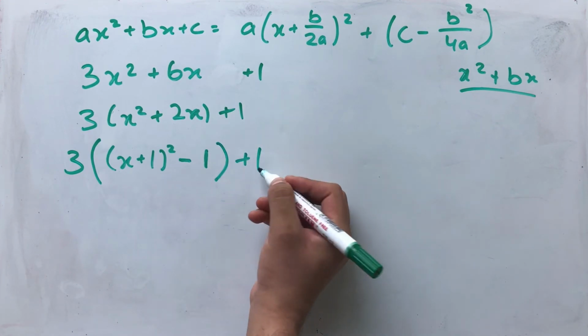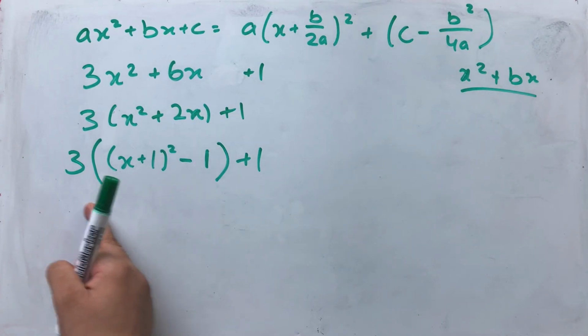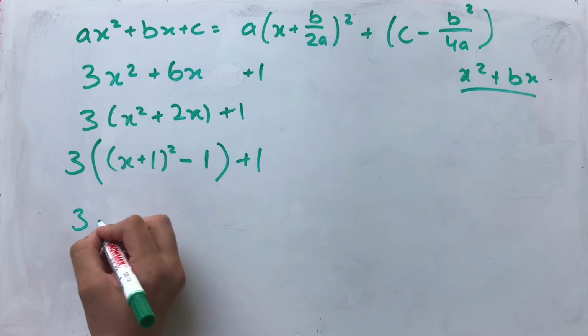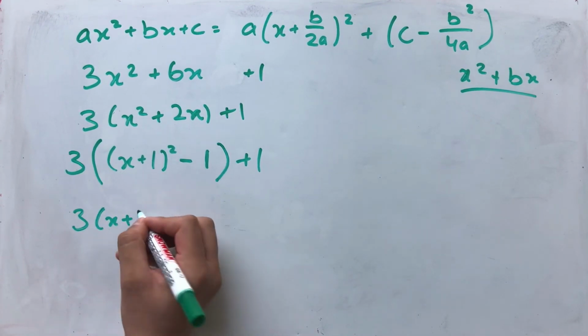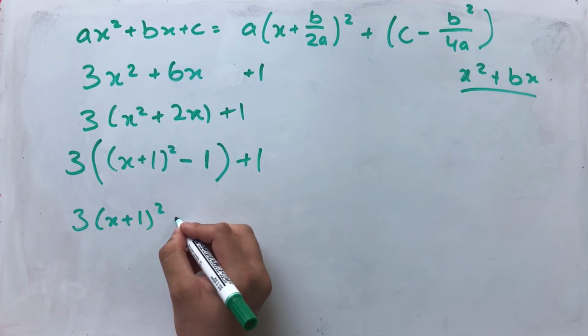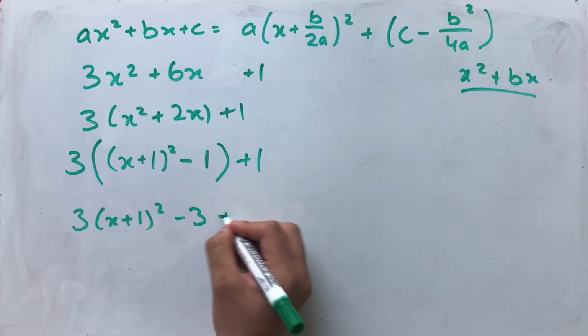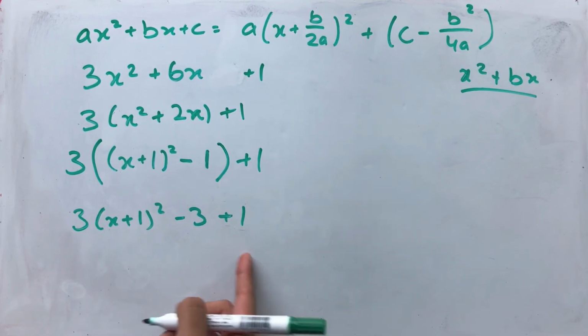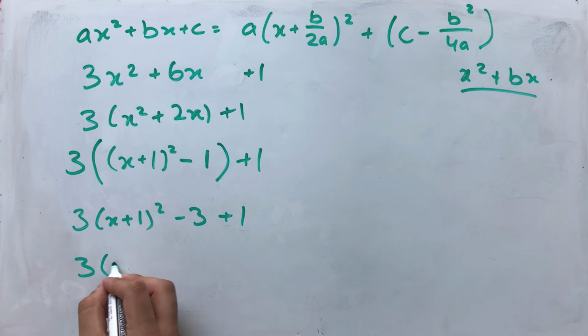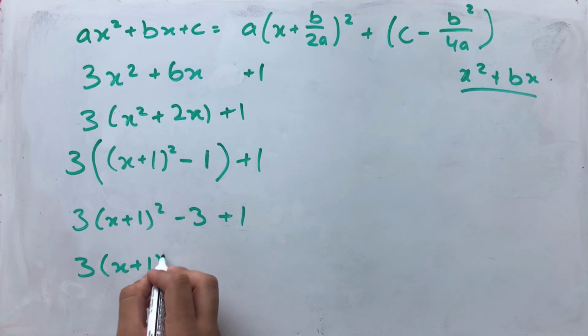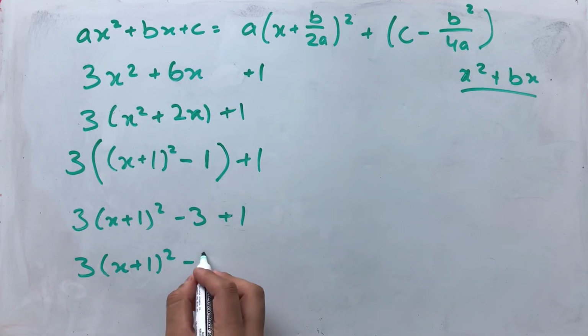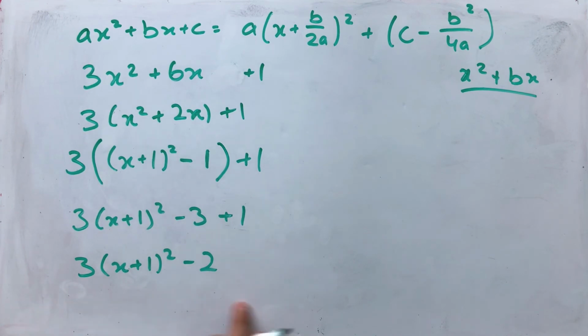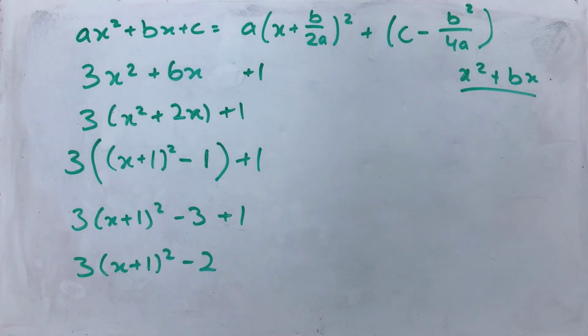Close the brackets, plus 1. Now, we just have to multiply the 3 out. So we go 3 into x plus 1 squared, minus 3 plus 1. We can obviously add these two. So you get 3 into x plus 1 squared, minus 3 plus 1 is negative 2. And that is your square completed.